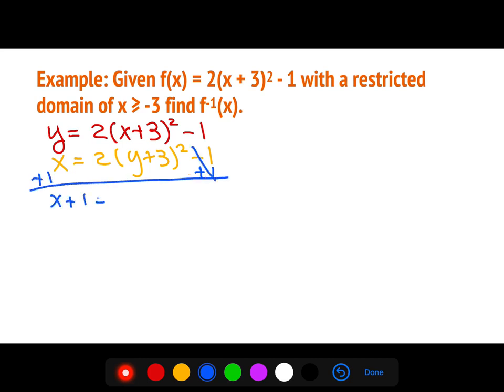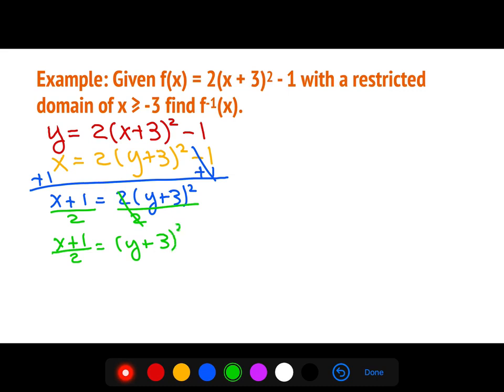So I'm going to add 1 to both sides. Divide by 2 on both sides. And then how do we undo a square? Well, of course, we square root both sides.